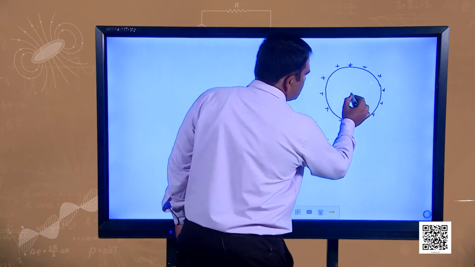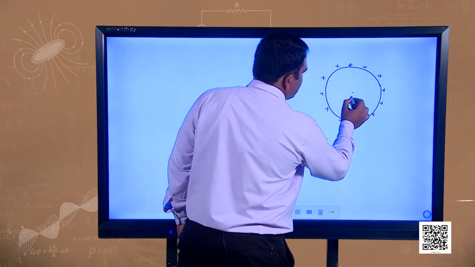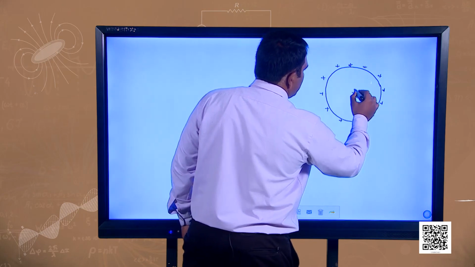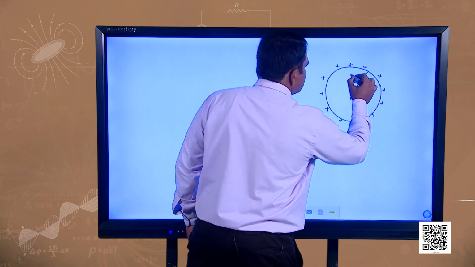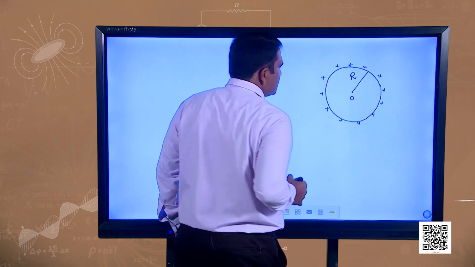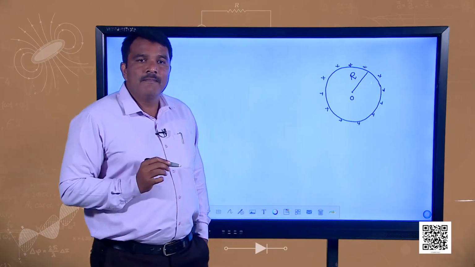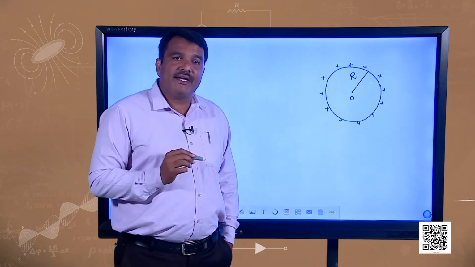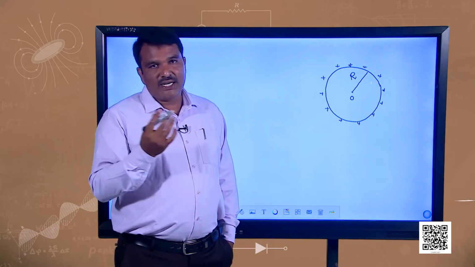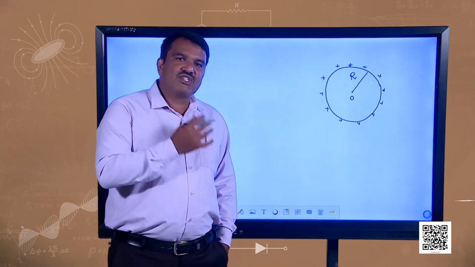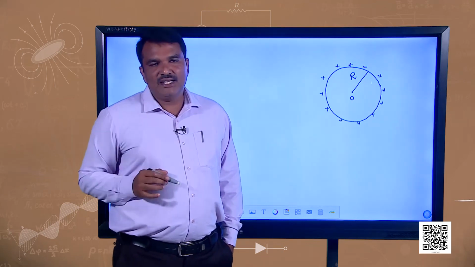Let us suppose this O is the center of the shell and capital R is the radius of this shell, and we wish to find electric field at any point which may lie outside the shell, on the surface of the shell or inside the shell.